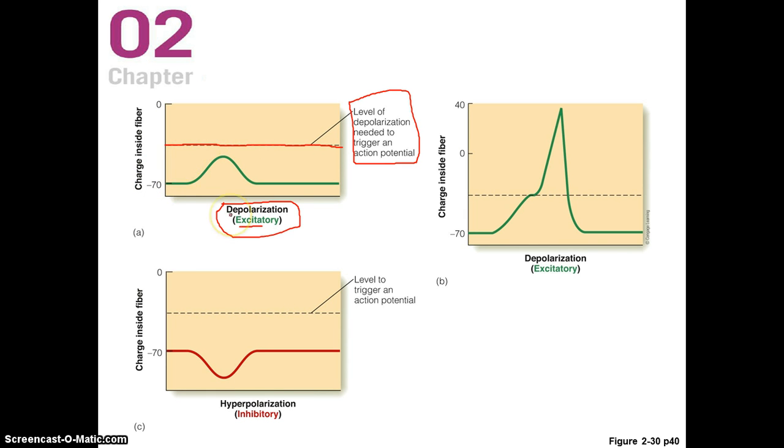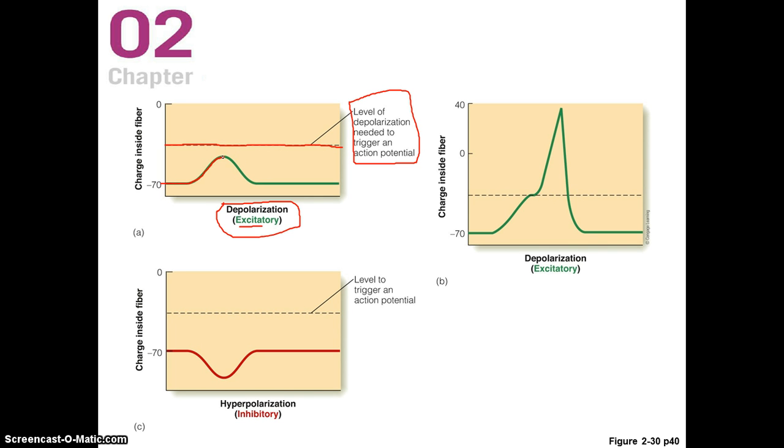But what does an excitatory neurotransmitter do? An excitatory neurotransmitter makes it more likely that the postsynaptic cell will generate an action potential. And the reason for that is because here is the resting potential value of our cell that's not been stimulated. When that cell picks up neurotransmitters with an excitatory message, those excitatory neurotransmitters cause a small depolarization, bringing the charge inside the cell closer to that threshold value, but not quite to the threshold value.